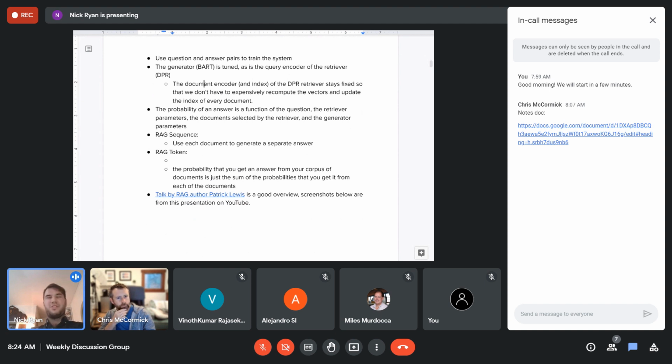So if you had to do this at every iteration of your training regimen, it would be really expensive. And it turns out that just using a plain DPR document encoder works pretty well. You don't really need to fine-tune it too much on question answering, and you don't see a loss in accuracy. So the document index just stays as is. The only encoder that gets updated with pre-training and backprop is the query encoder, and that's much less expensive because you're just doing one query at a time.